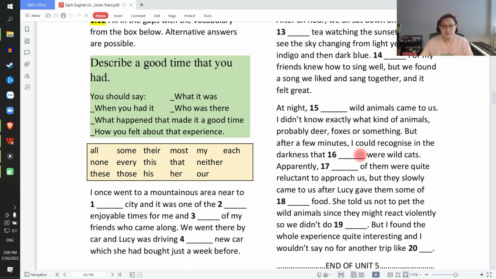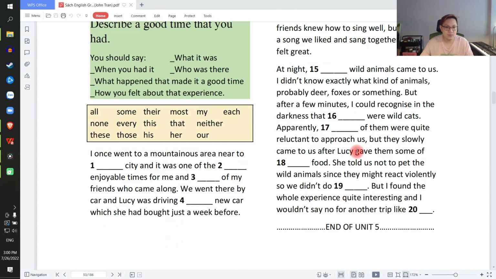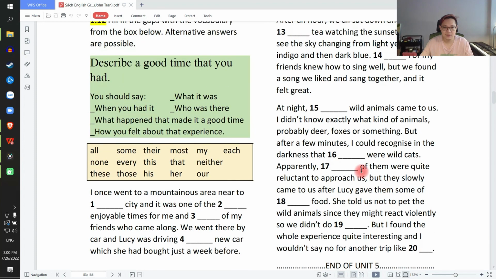We could recognize in the darkness that these were animals. However, 16 can be those as well. That they, these or those were wild cats.